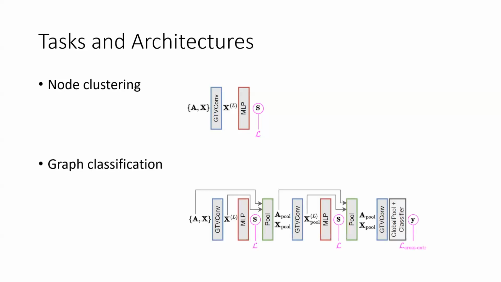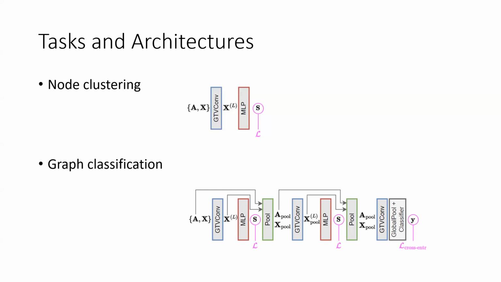The second task is graph classification, where we have multiple graphs, and the goal is to assign each one to a label representing its class. Compared to node clustering, now we also have a pooling operation that computes a coarsened version of the adjacency matrix and the node features, respectively A pool and X pool.